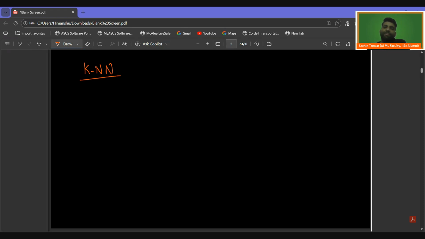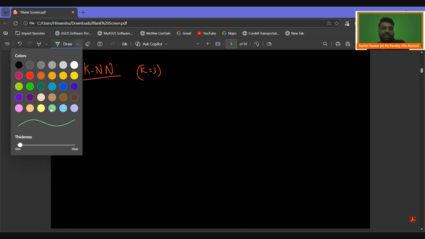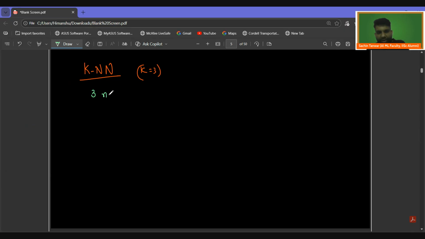The better example would be, let me just take 3. So let's say k is equal to 3. The moment I say k is equal to 3, that means I'll be talking about 3 nearest neighbors. So what happens is, I'll have some data points.